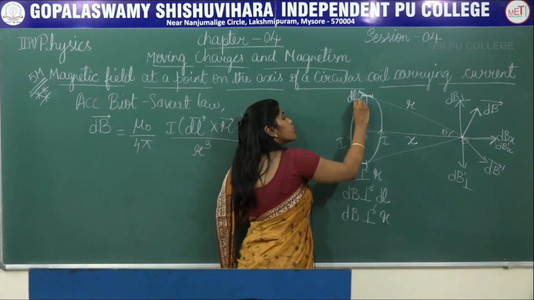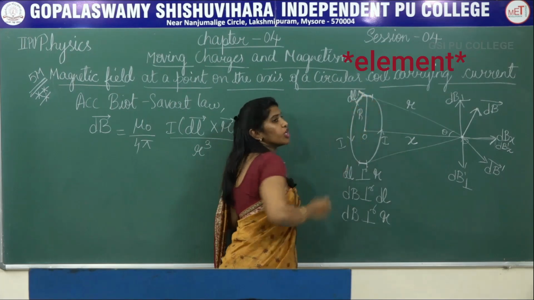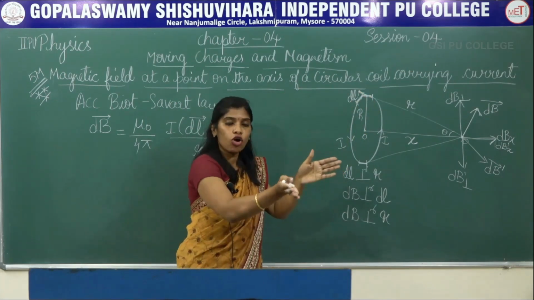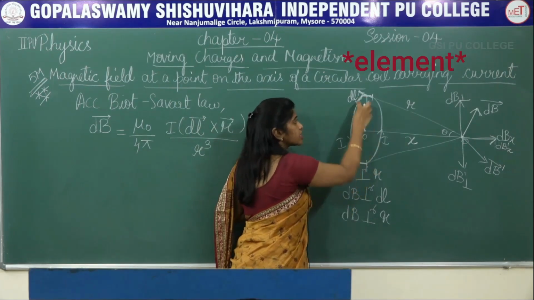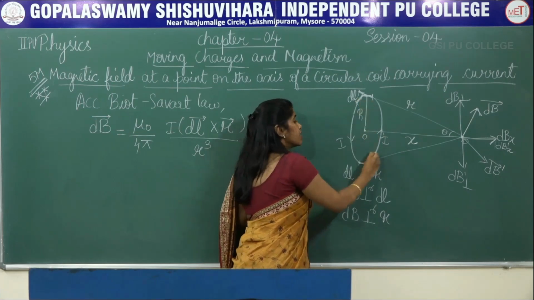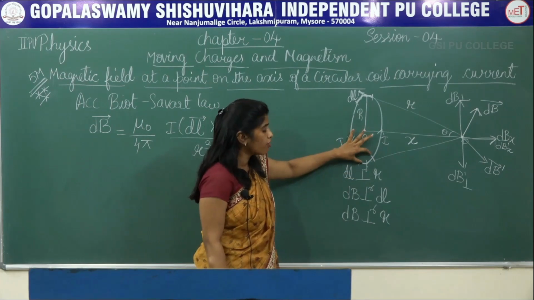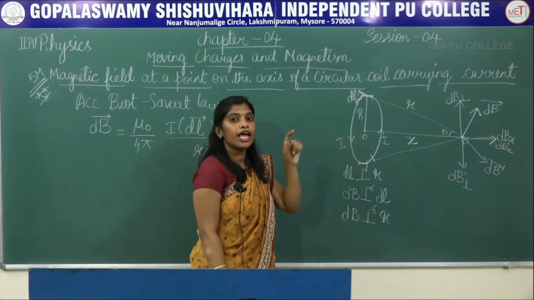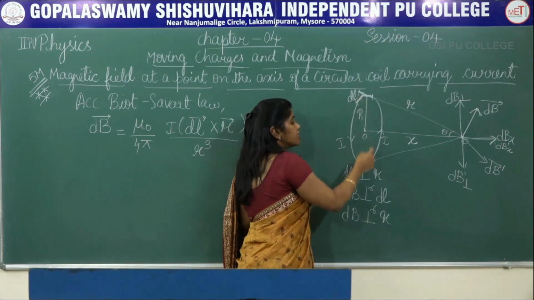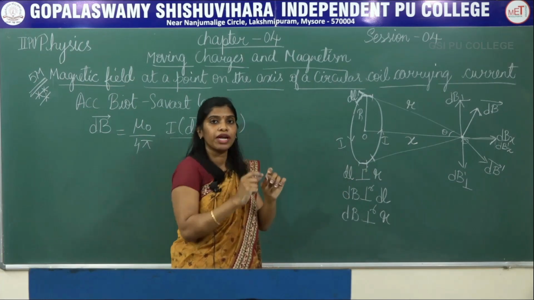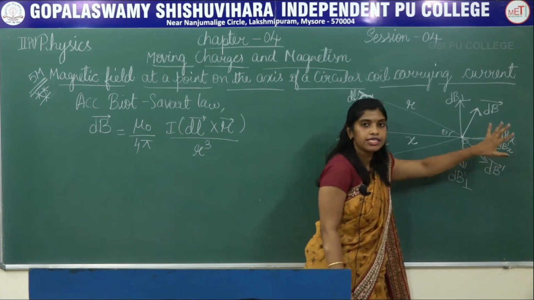Now coming to some other element here. Let me take another element here. Even this element will have a perpendicular component and a component along the x-axis. Similarly, I am going to take an element which is diagonally opposite to this element. Even this current element is going to have a component which is perpendicular and along the direction of the x-axis. Now even these elements' perpendicular components get cancelled and only those components which are along the x-axis get summed up.